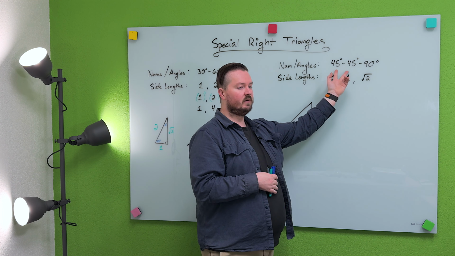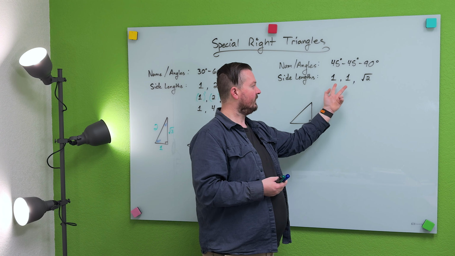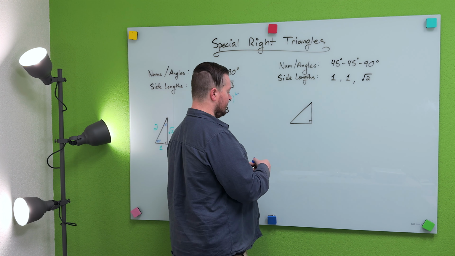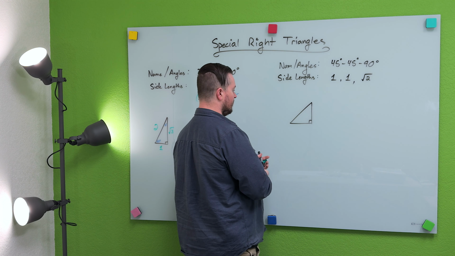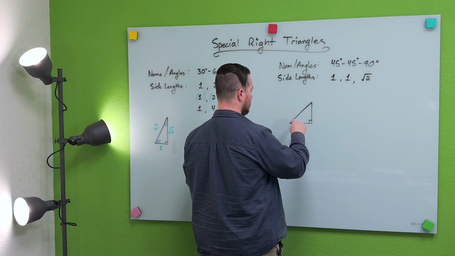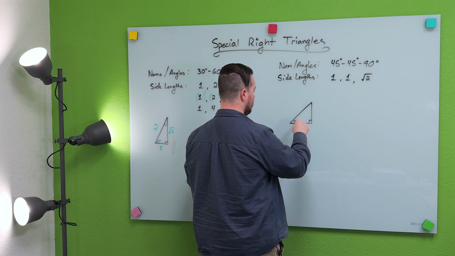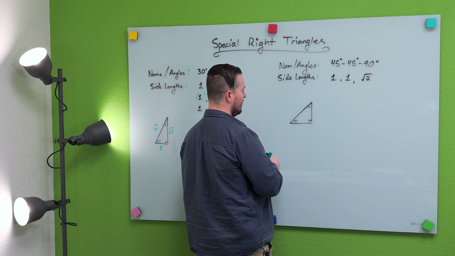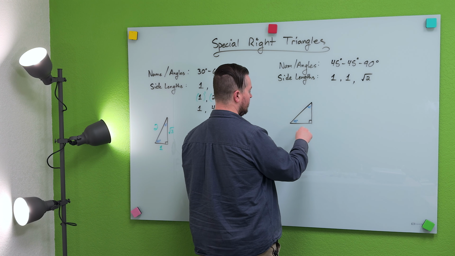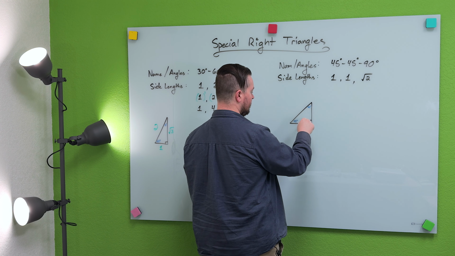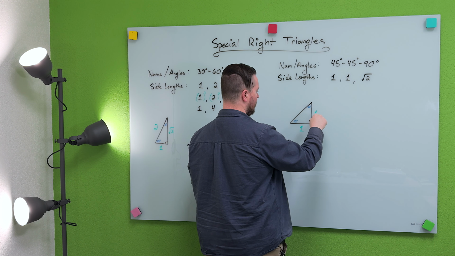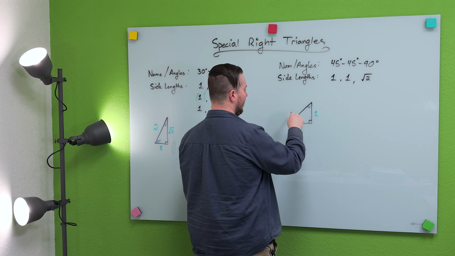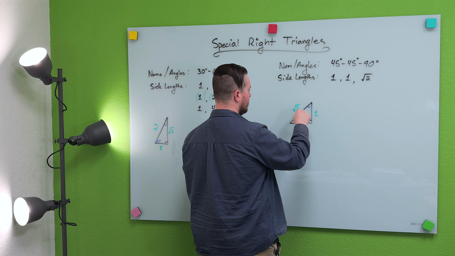Well, these two angles are the same. We have two sides that are the same. So this should be a little bit easier for us to just throw in the 45-degree angle and the 45-degree angle, because both of those are the same. And we can throw on the 1 across from this one, and across from this one we have 1. And finally, our hypotenuse is the square root of 2.